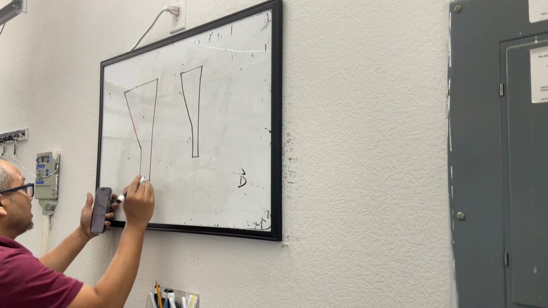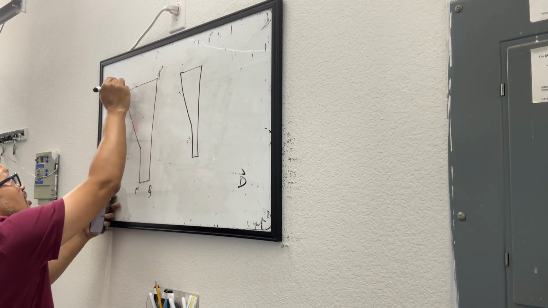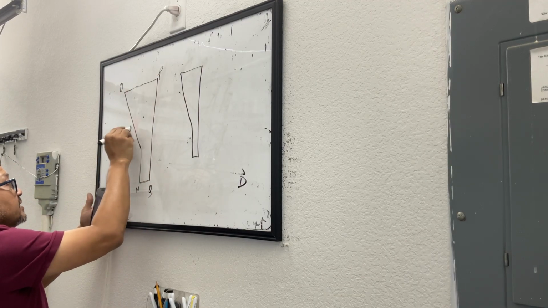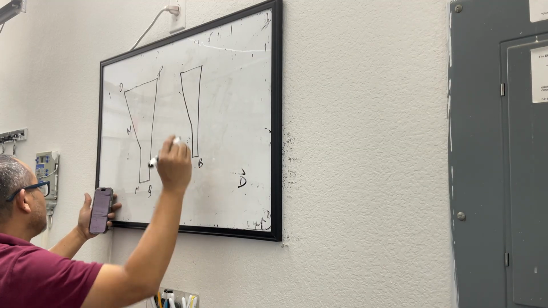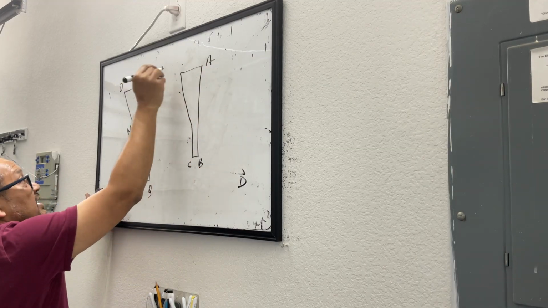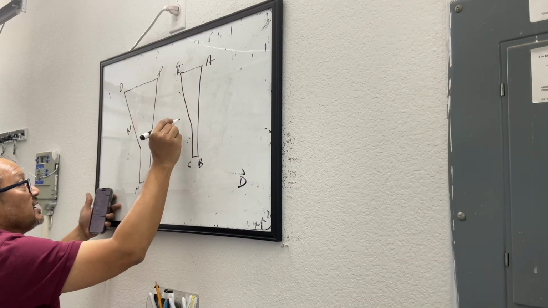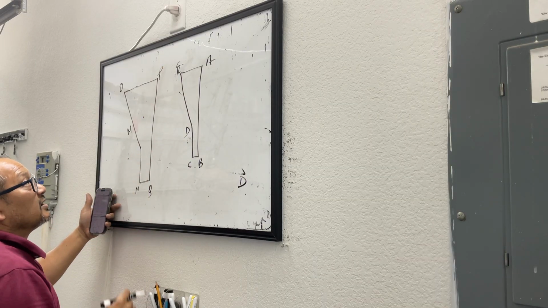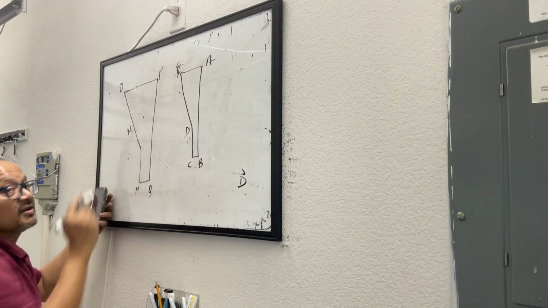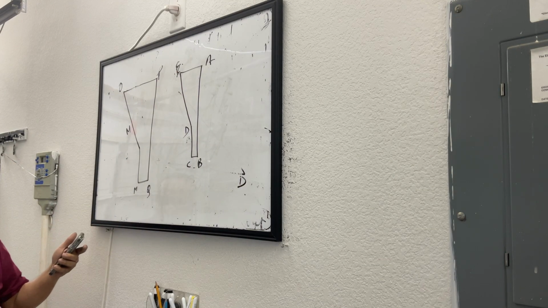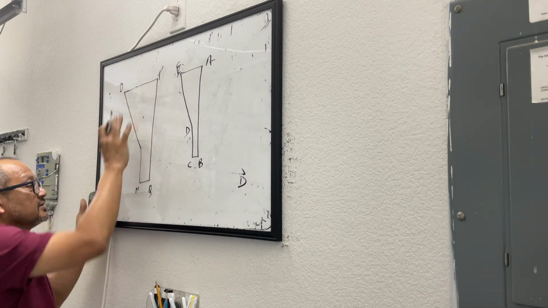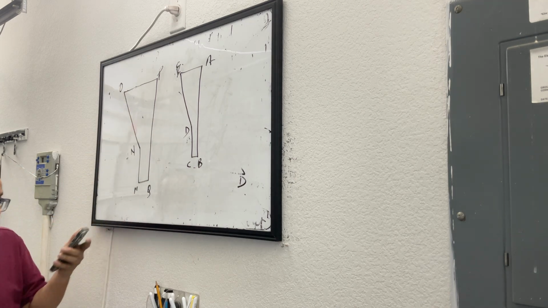Let me label M, Q, P, O, N, and then this is C, B, A, E and D. Wait, I have a question. Are they both M's? This is N.